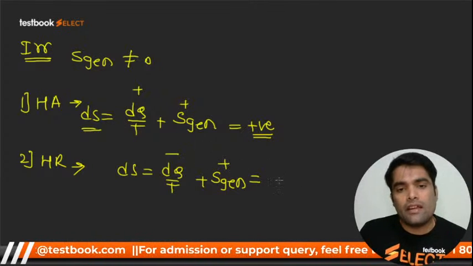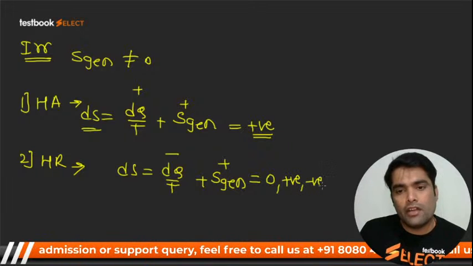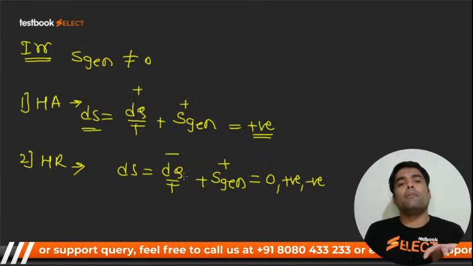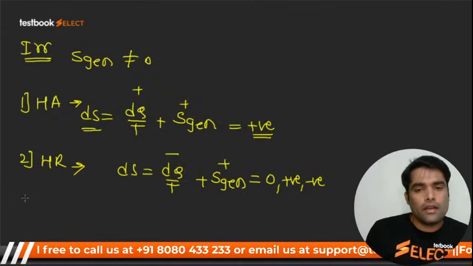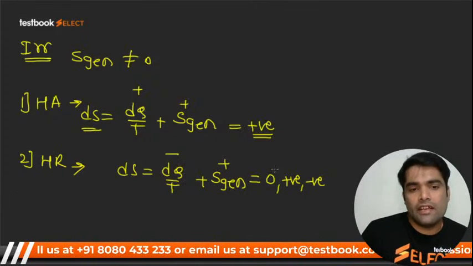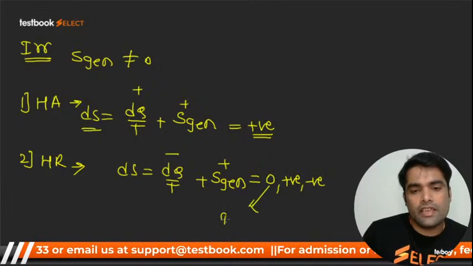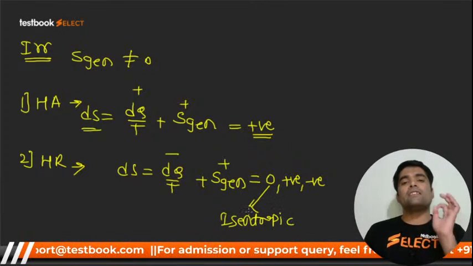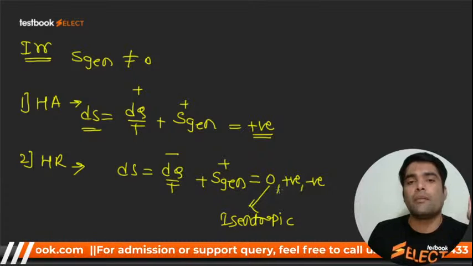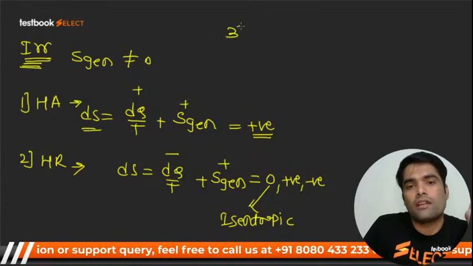It may be 0, it may be positive, it may be negative, because the magnitude of dq by T may be higher. You don't know. So again, if we get ds equal to 0, it becomes isentropic. That's why I said every isentropic process is not reversible adiabatic, because here we have taken irreversible adiabatic.